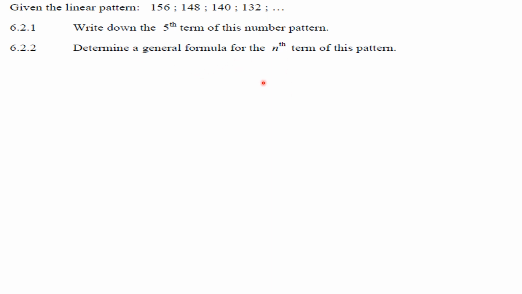If you can see on the question paper, this question only counts 1 mark. Because we know this sequence of ours, let me just rewrite it here. 156, 148, 140, 132, moving forward.